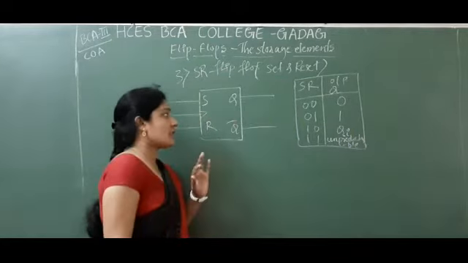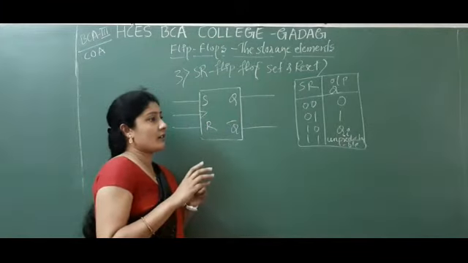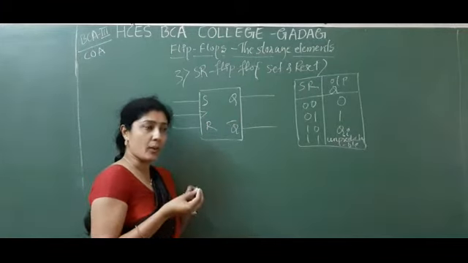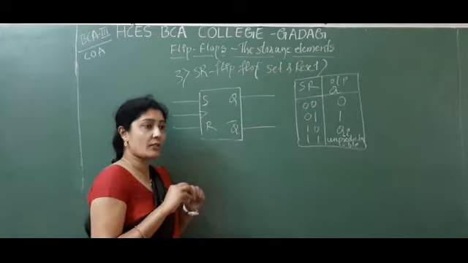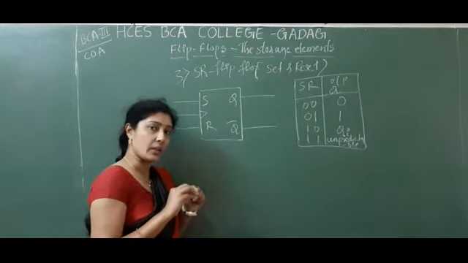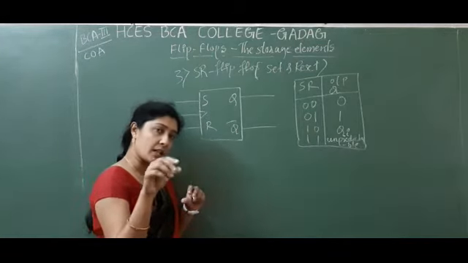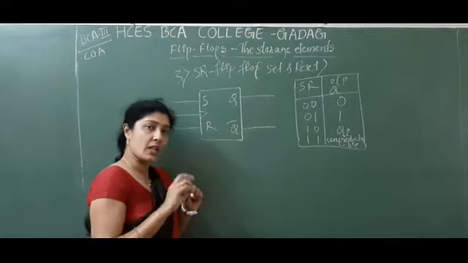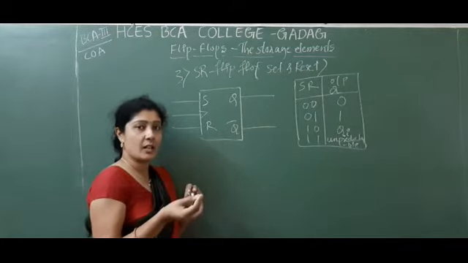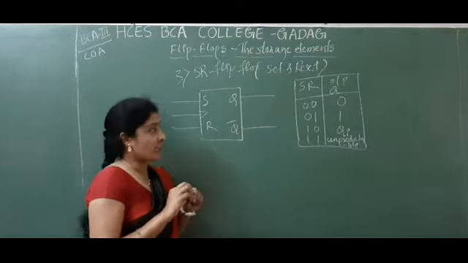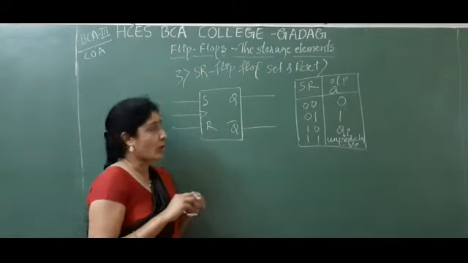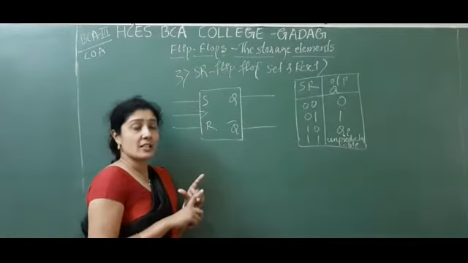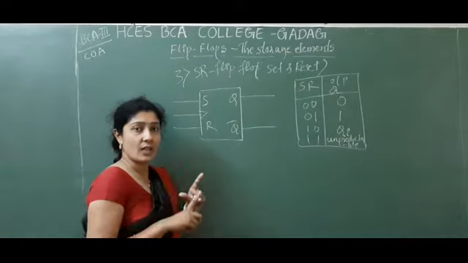See here, this is a bit different from D and T. See, in case of D and T, we are having a single input. If it is D, only D, T, only T. In this case, we are having two inputs, S and R, along with clock. Clock is everywhere, in every flip-flop.